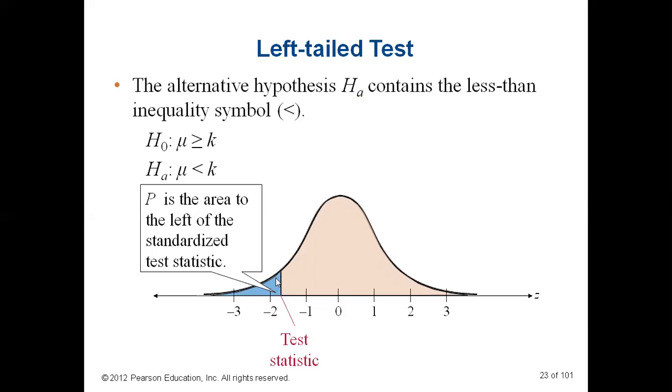This is called the rejection area. If this area is less than the area represented by significance level alpha, then your null hypothesis will be rejected. If this area is greater, then your null hypothesis will be accepted.